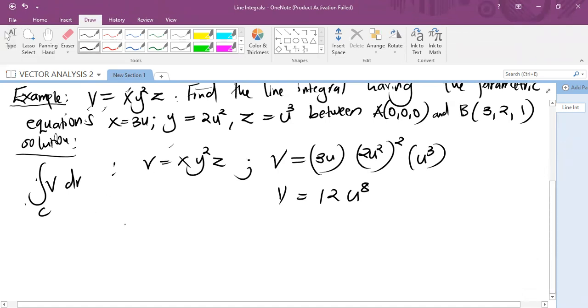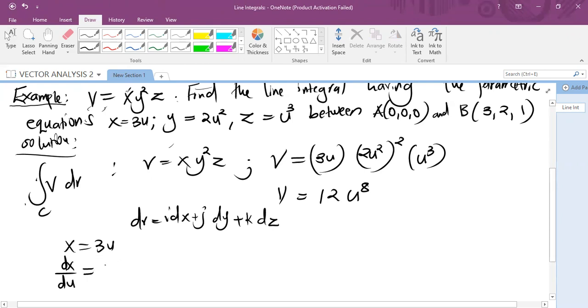Now, as we've said, dr is equal to i dx plus j dy plus k dz. We already know x is equal to 3u. Now, if x is equal to 3u, what is dx/du? dx/du will obviously be 3. So basically dx is equal to 3 du. Okay, moving on, y is equal to 2u squared.